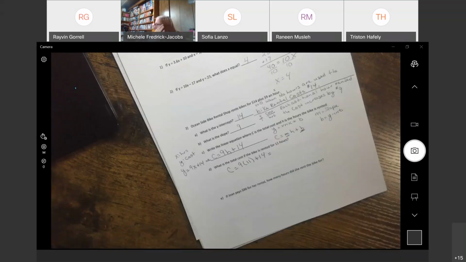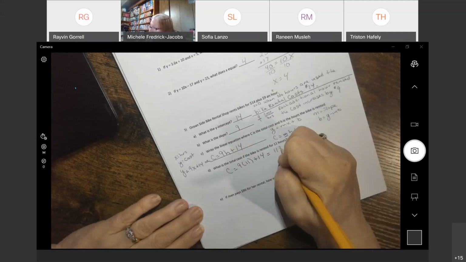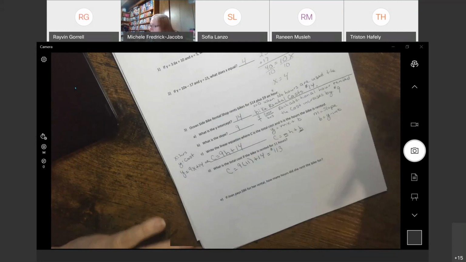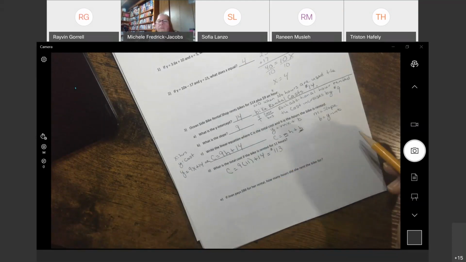When we plug it in, what do we get? 113. Yep. So if we rent the bike for 11 hours, it'll cost $113. Any questions on that?